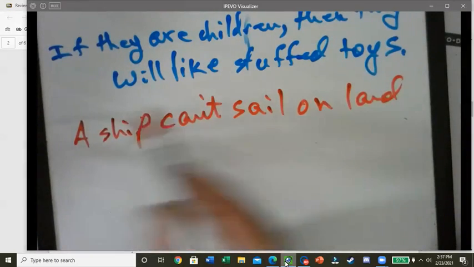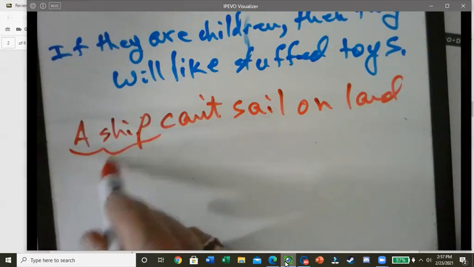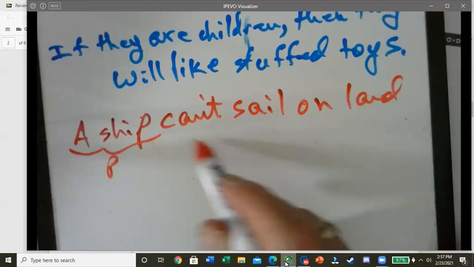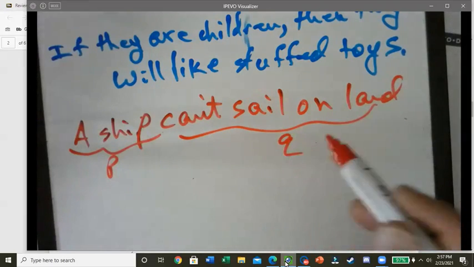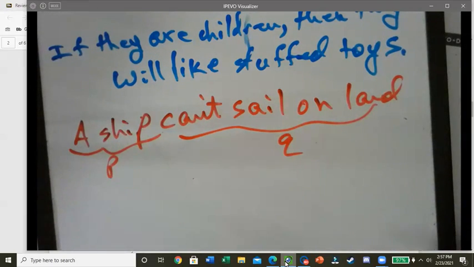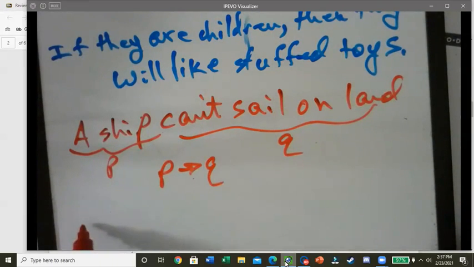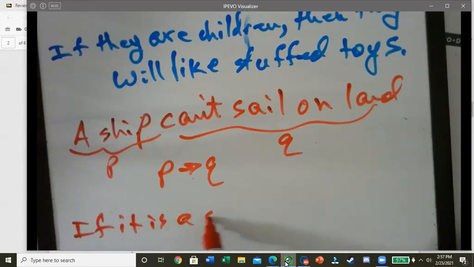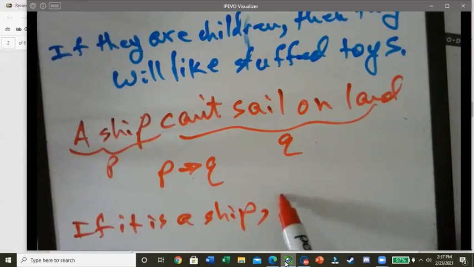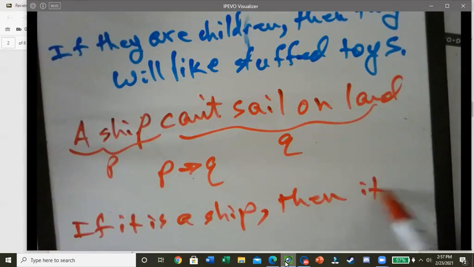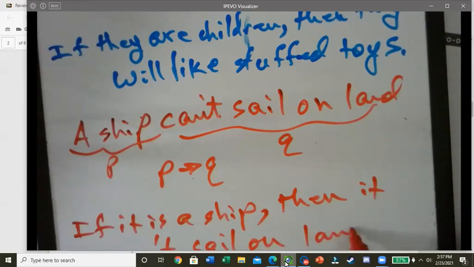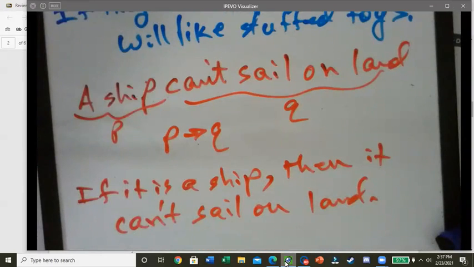So we could say that a ship is the P, and can't sail on land would be the Q. So we want to write this as if P then Q. So we would write this as: if it is a ship, comma, then it can't sail on land. And that would be our if-then statement for that one.